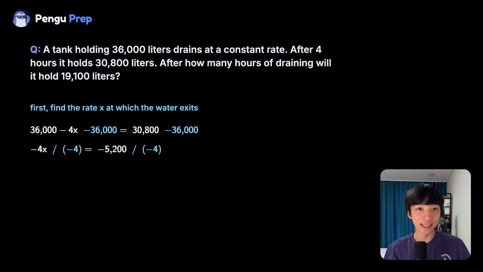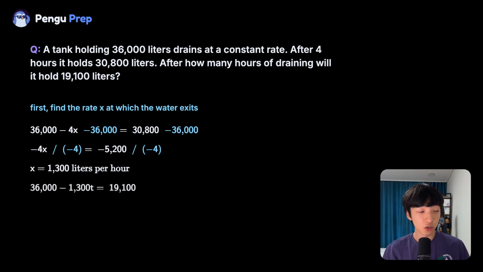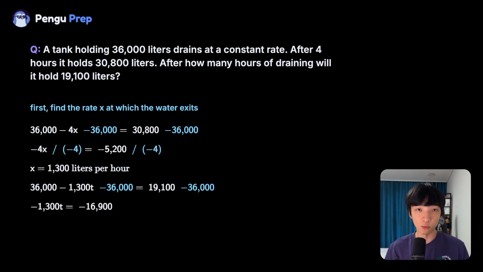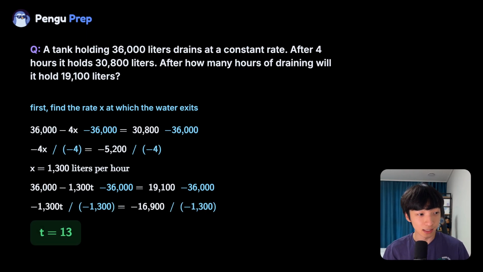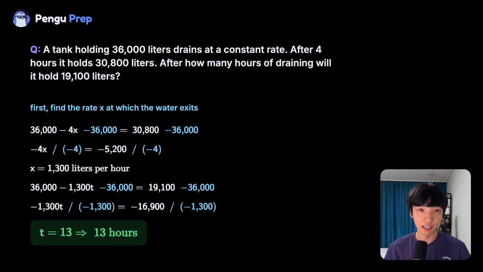From here, I can find that x, the rate at which the water exits the tank, is equal to 1,300 liters per hour. Using this rate, I'm going to set up another linear equation to find the time it takes for us to drain the tank to 19,100 liters. Then that's going to be 36,000 minus 1,300t equals 19,100. Solving for t, we get 13. So the answer is 13 hours.